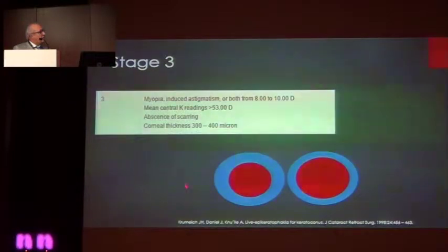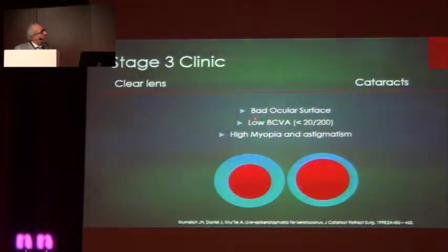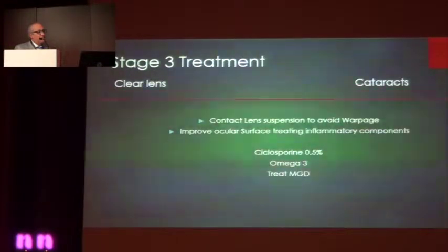These patients have this type of pattern. They have bad ocular surface, low visual acuity, and high myopia and astigmatism. These patients need suspension of contact lens use to avoid warpage, improve ocular surface, and treat inflammatory components.